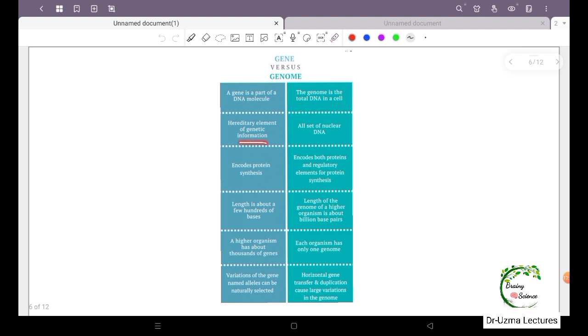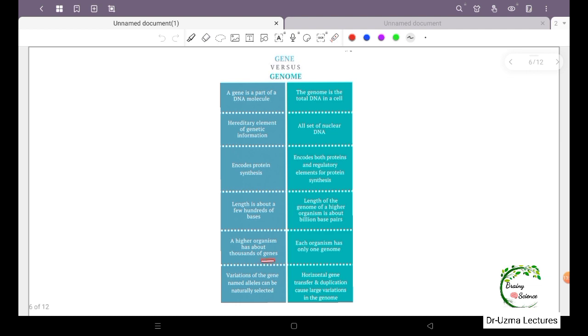The gene encodes for protein synthesis, whereas the genome encodes not only for the protein but also the regulatory elements of protein synthesis. The gene length is about a few hundred bases, but for the genome in higher, multicellular organisms it is about billions of base pairs. A higher organism has about 1,000s of genes, whereas each organism has only one genome.